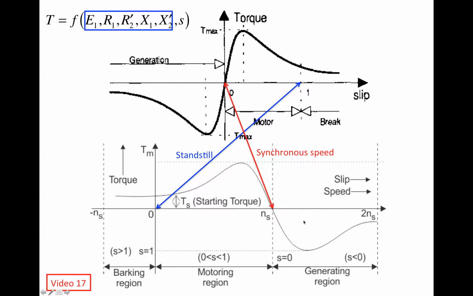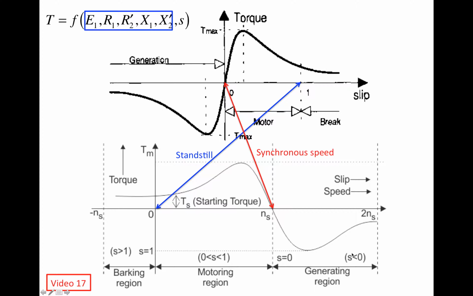So in the generating region, the negative torque that we're looking at here is acting as the back torque that's countering the torque provided by the wind turbine rotor. So in this region, the torque we are looking at is the counter torque of the rotor's torque. It's very important to understand why the torque is negative in the generating region.